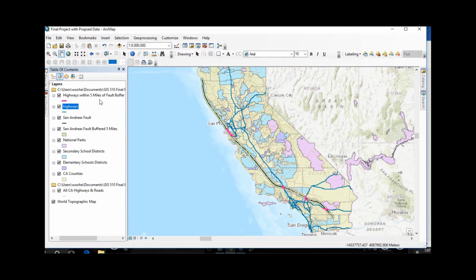After I calculated the geometry of this resulting layer to find the total length in meters, I found the result for all highways within 5 miles of the San Andreas Fault to be 714,535 meters.